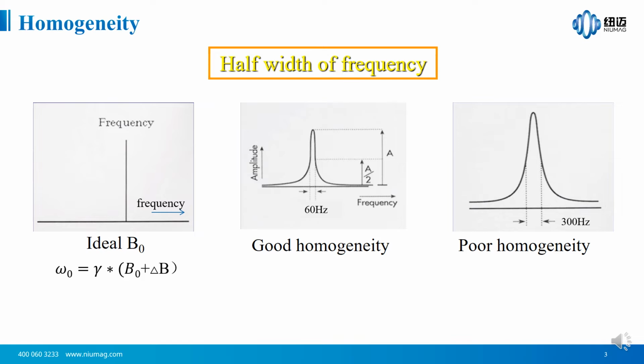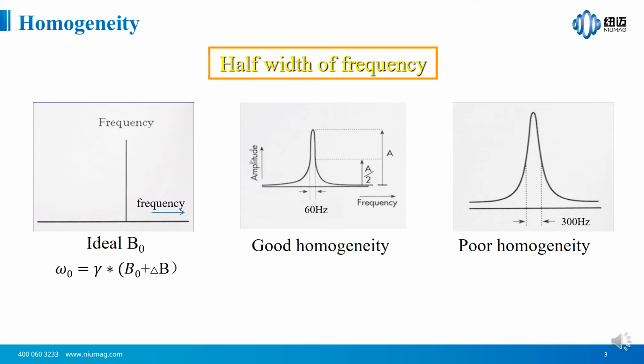But what we actually get is a broadened spectrum, mainly because of the magnetic dipole interaction between the nuclei and the inhomogeneity of the magnetic field.